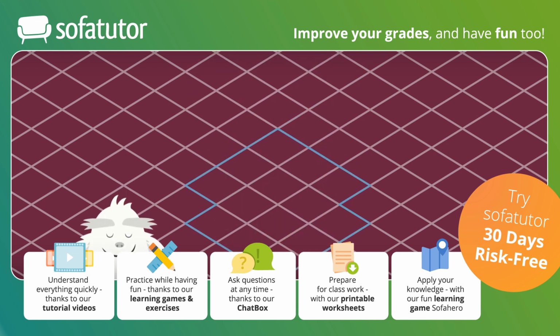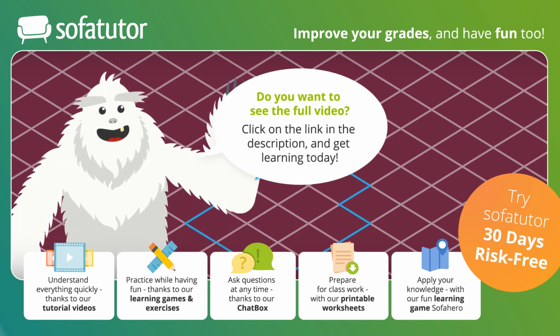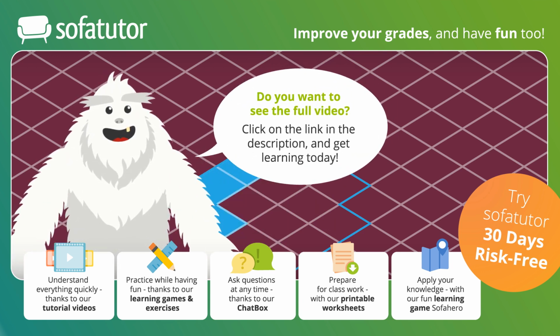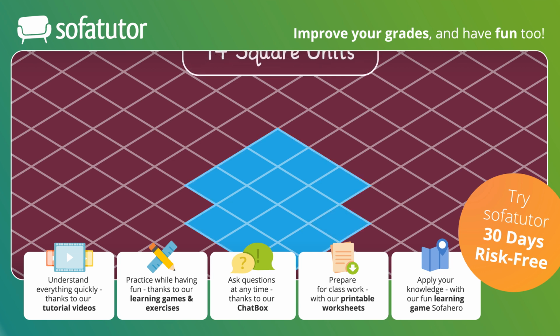Ready? 1, 2, 3, 4, 5, 6, 7, 8, 9, 10, 11, 12, 13, 14. Zuri's pool is 14 square units.